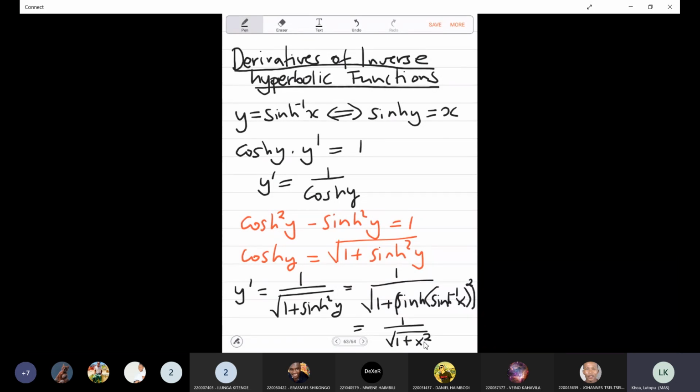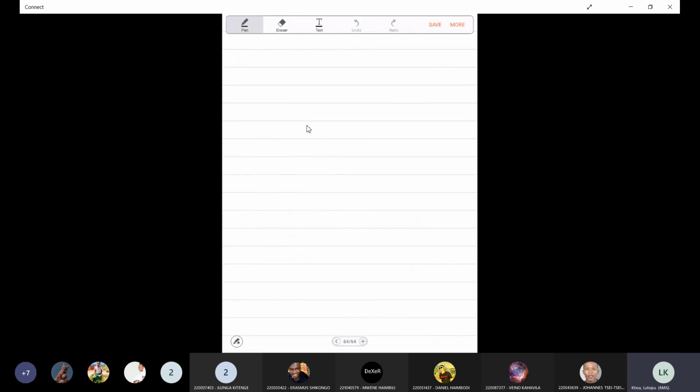Now, if you remember, we said that the hyperbolic sine inverse of x, you can also write it in terms of ln. So if you have y is equal to hyperbolic sine inverse of x, you can also write it as ln of x plus the square root of x squared plus 1.